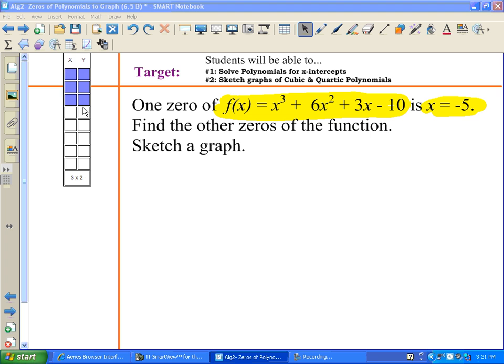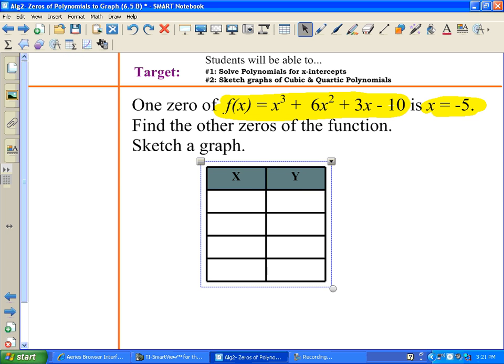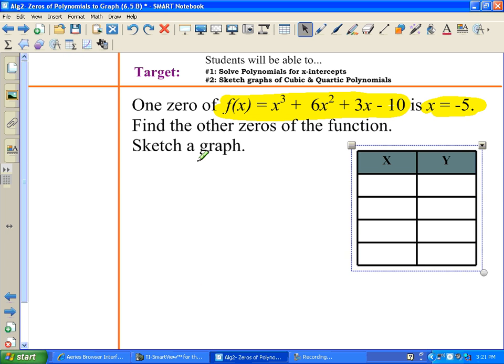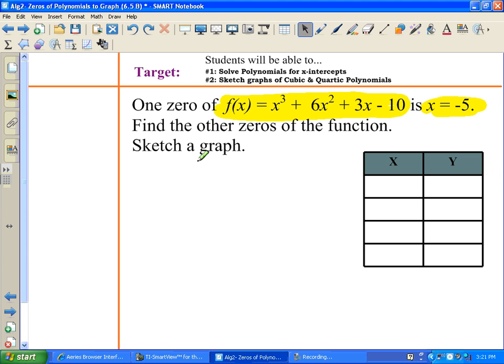All right, I'm going to get an XY chart, get down what they gave me for free. Before I get any farther, I've got a couple pieces. They've given me a root at negative 5, 0, and they've given me a y-intercept at 0, negative 10. From here, I'm going to synthetically divide things out. 1, 6, 3, negative 10.